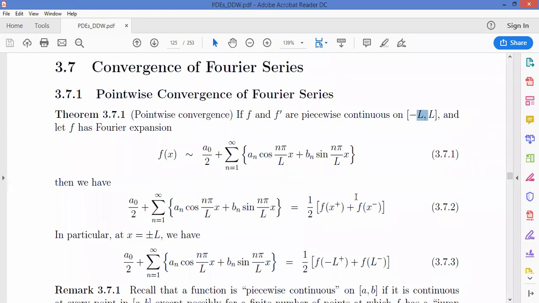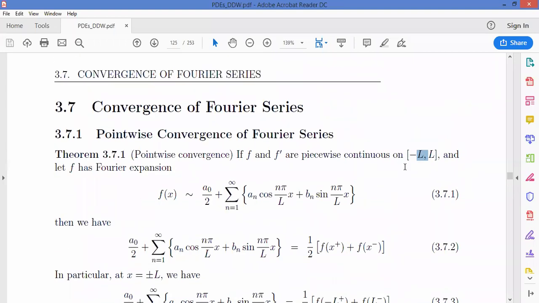But what does this imply? Remember when we talk of this being 2L periodic or L periodic, if it is a half range, this would imply that in the interval from minus L to L, because you have L, you have 0, the question is which domain or which kind of range are you exactly working with? That is what we are trying to refer to here.